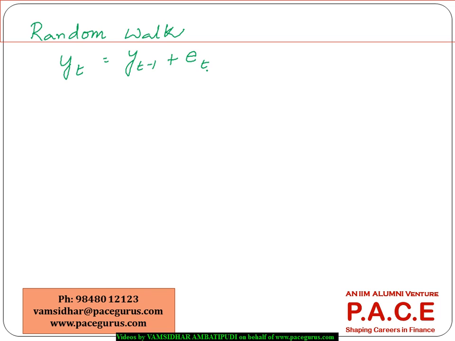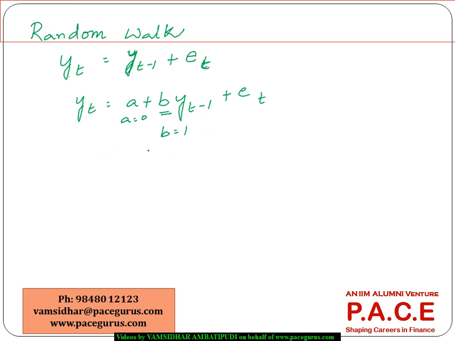So it may so happen that the expected value of this error term becomes 0. In a general form we say yt equals a plus b yt minus 1 plus some error term. Now here it means that if b is equal to 1 and a is 0, we are directly calling that kind of model a random walk model.